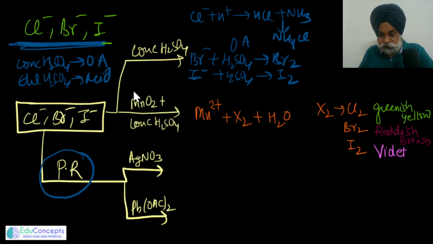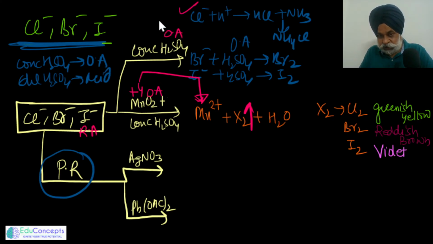And similarly, if you treat it with concentrated sulfuric acid and manganese dioxide, here the manganese +4 goes to +2, which has a light pink color, with the evolution of a gas. These are acting as a reducing agent, and this is acting as an oxidizing agent. Here also this is acting as an oxidizing agent.